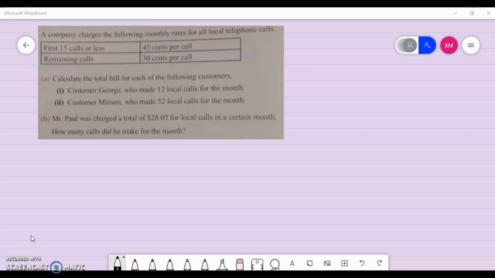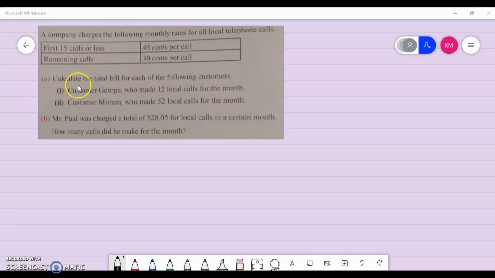So here I have a question where it states, a company charges the following monthly rates for all local telephone calls. The first 15 calls or less, you pay 45 cents per call. The remaining calls, you pay 30 cents per call. They are asking us to calculate the total bill for each of the following customers.